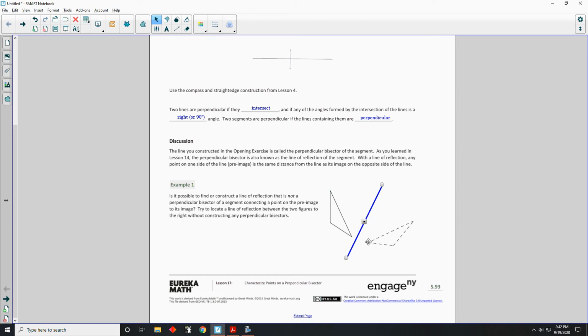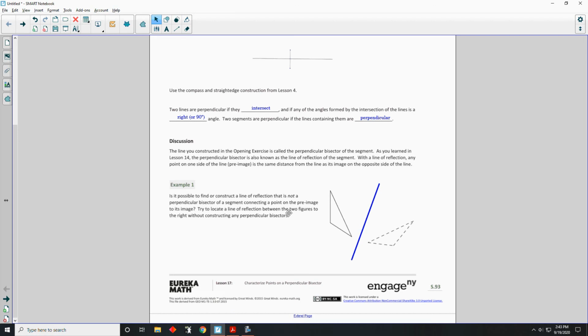Now this is too close, it's closer than this point. So move that closer, and eventually you will find a place where this line will be equidistant from this point and this point. This point will be the same distance from here as it would be here, and this point the same distance from here as this point would be to here. So it would probably be somewhere around there.